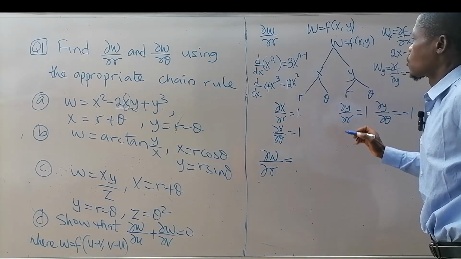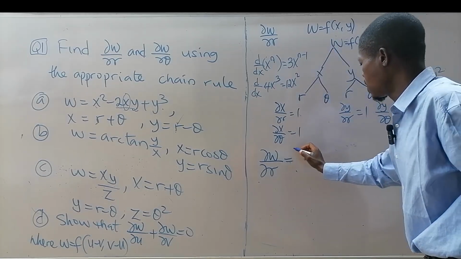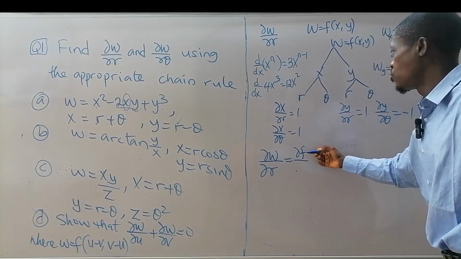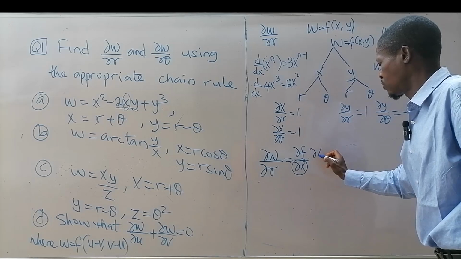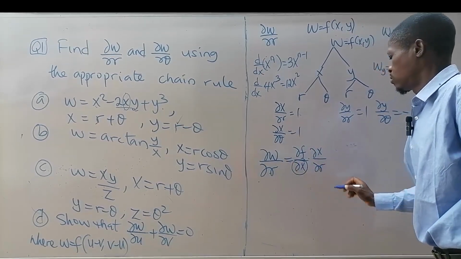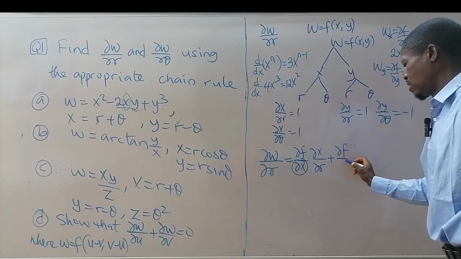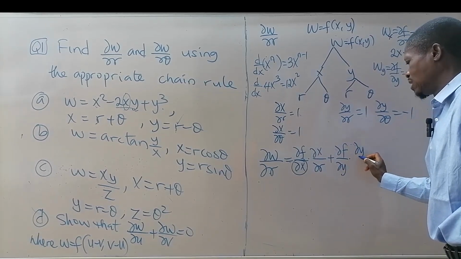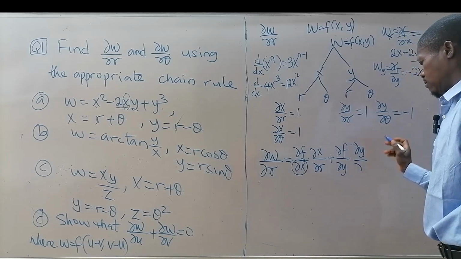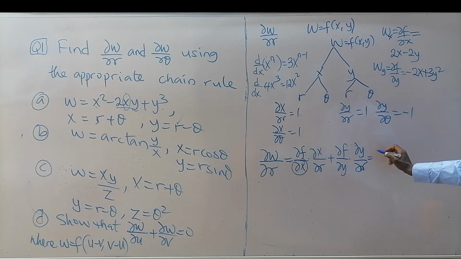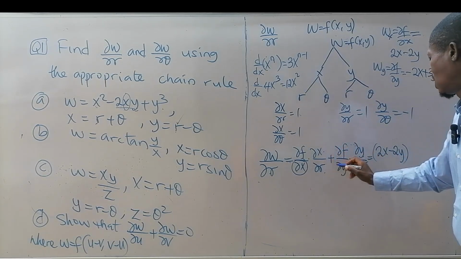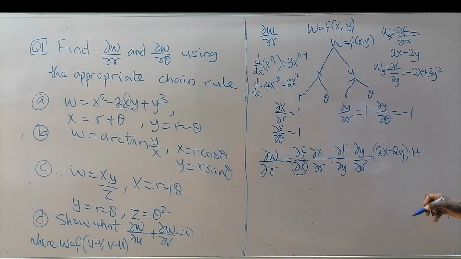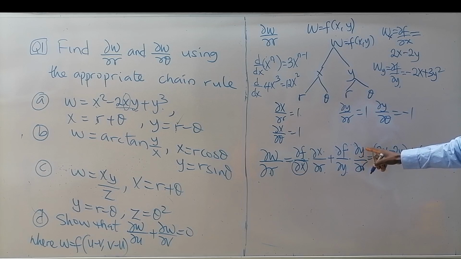That will be equal to, you start from here, ∂f, which is simply ∂w/∂x, times ∂x/∂r, plus ∂f/∂y times ∂y/∂r. ∂f/∂x is 2x minus 2y, times ∂x/∂r, which is 1, then plus ∂f/∂y times ∂y/∂r, also 1.